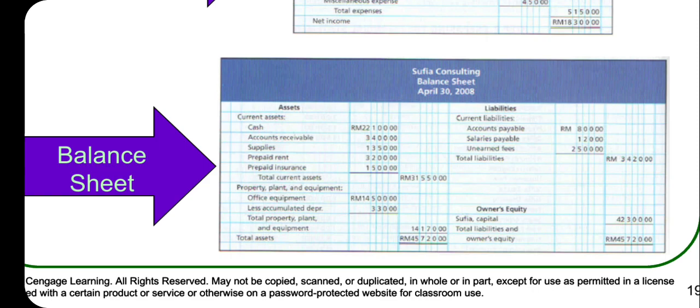For the owner's equity, you have to show the capital, plus profit, and then minus withdrawal, and then you will get a number. So the total liabilities plus total owner's equity, you will get a number. If you do the recording process correctly, you will see that the total on the left side of the balance sheet will equal the total on the right side of the balance sheet.